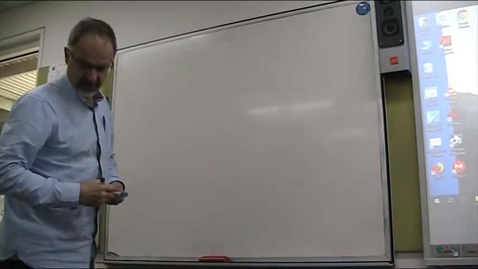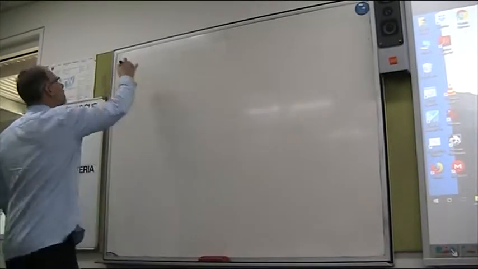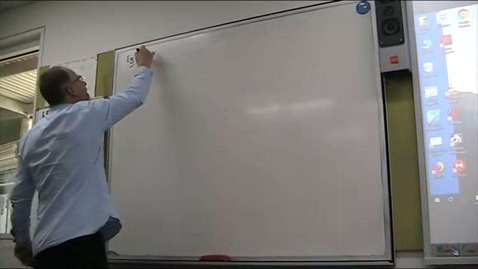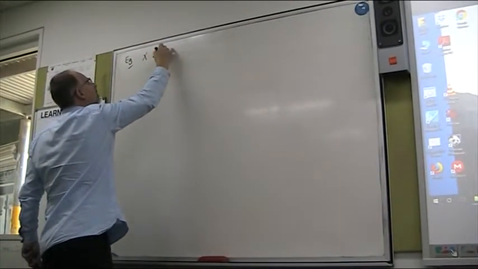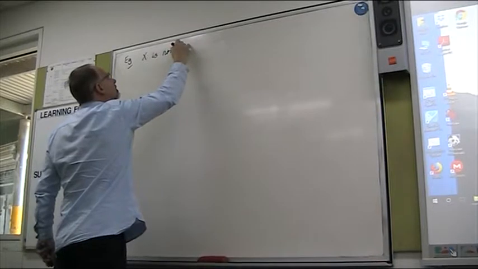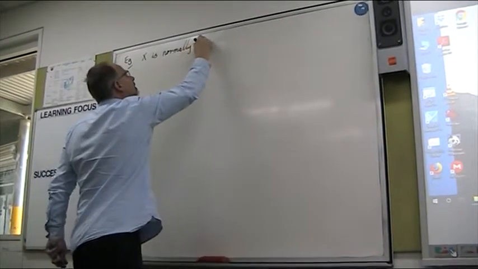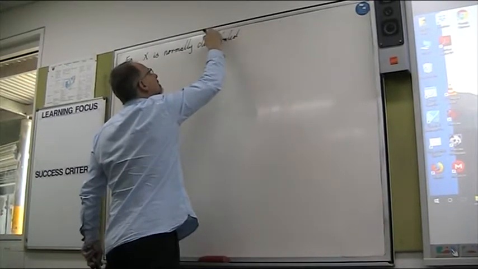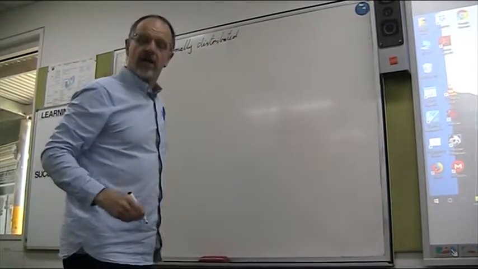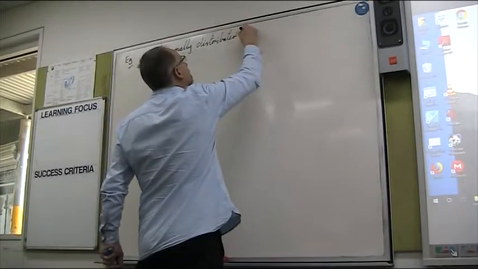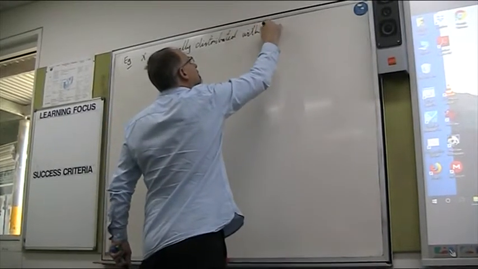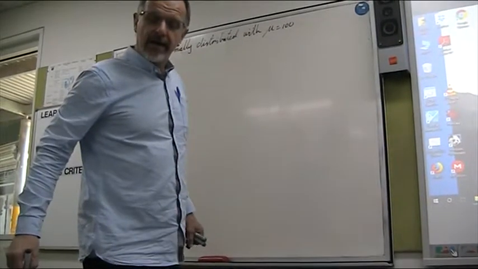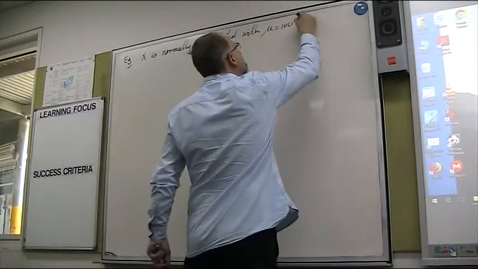Alright, so here's an example. X is normally distributed with a mean of 100 and standard deviation of 6.